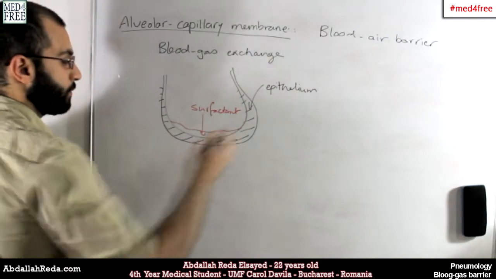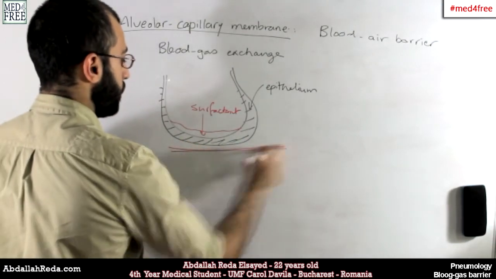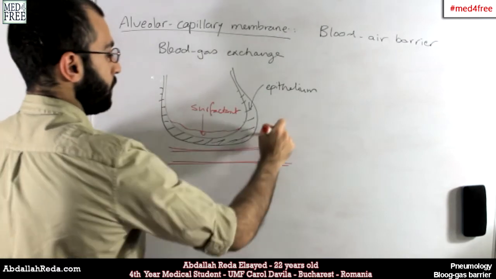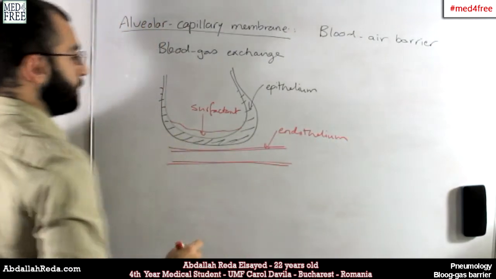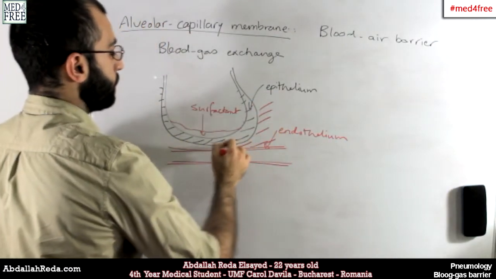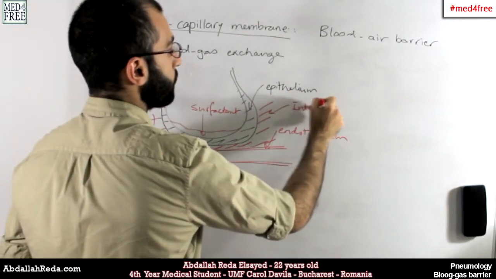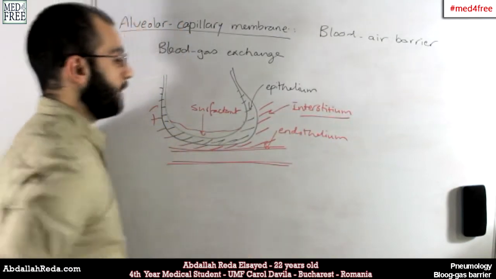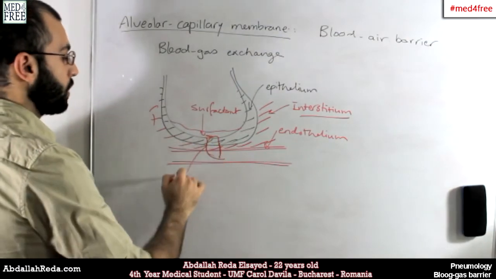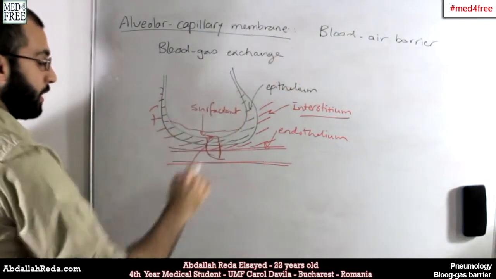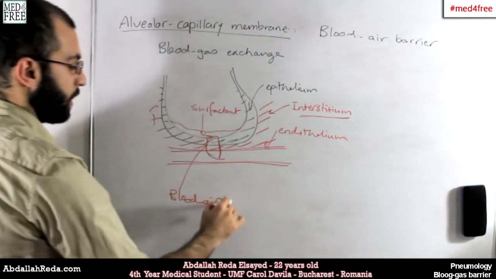Here we have the capillary endothelium, and in between, we have the interstitium. This part that we have here is what we call the blood-air barrier, or the alveolar capillary membrane.